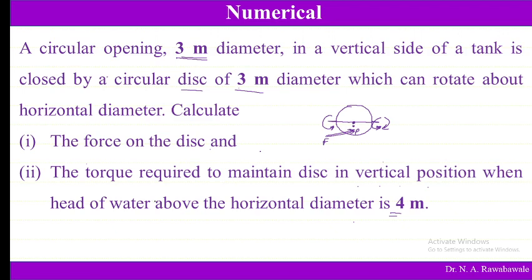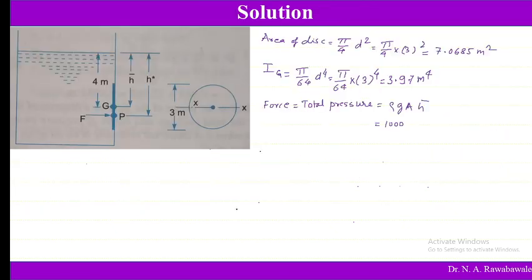Density for water is 1000 kg per meter cube, into g, 9.81 meter per second square, into the area which we have obtained, 7.0685, into h bar.